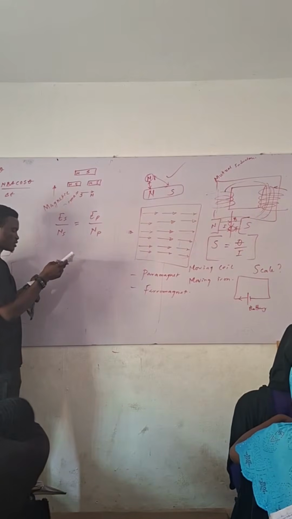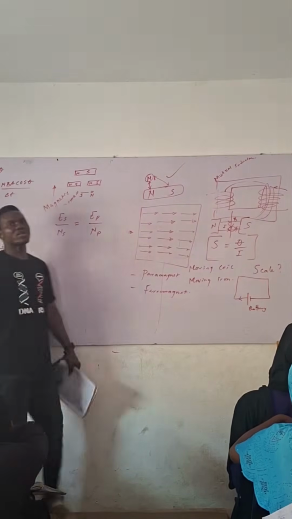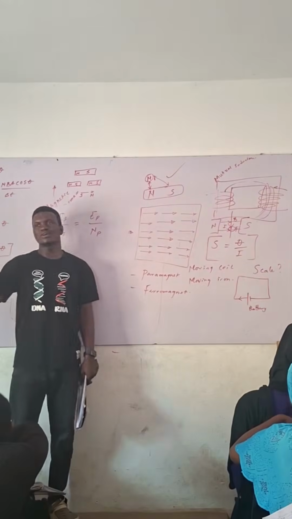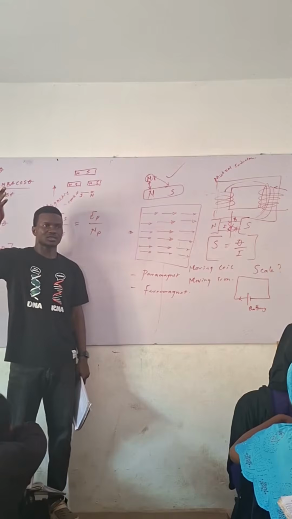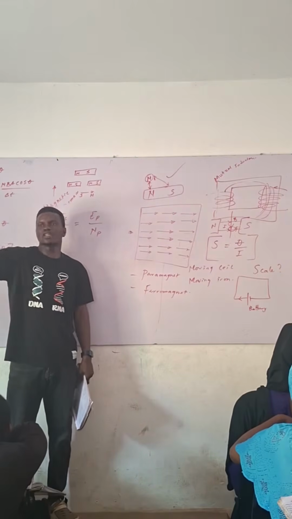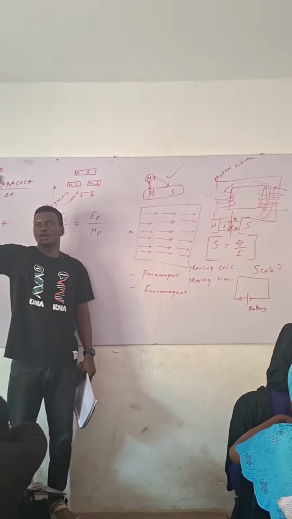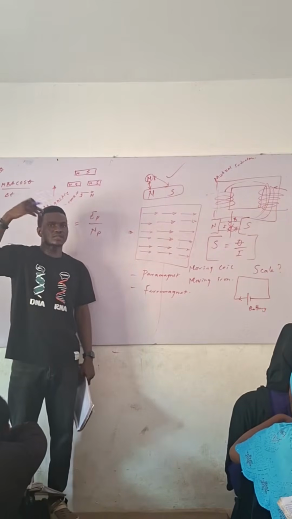Where is the question? Number 14. The transformer has 200 turns, and they might not tell you if it is primary or secondary. That's why understanding the principle matters. They might just tell you that a transformer has an input number of turns, 300. The moment you hear input, you already know that's your primary.